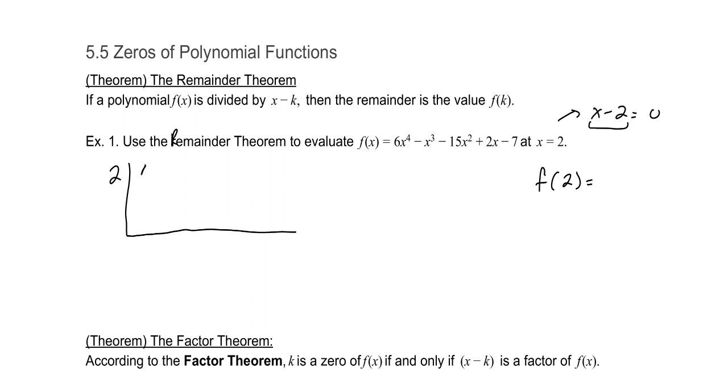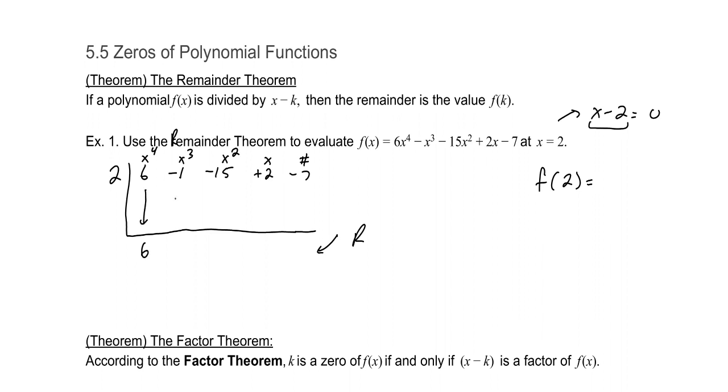So this will be 6x to the 4th minus 1x cubed minus 15x squared plus 2x and minus 7 for our constants. Our remainder will tell us the value f of 2. So we'll bring down our 6.